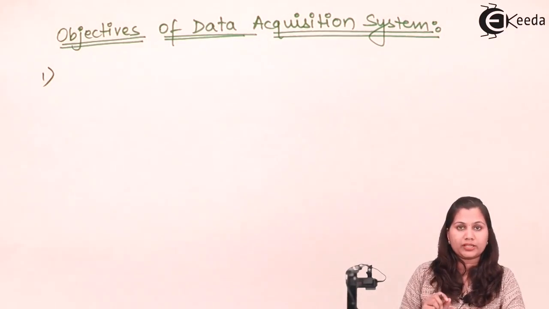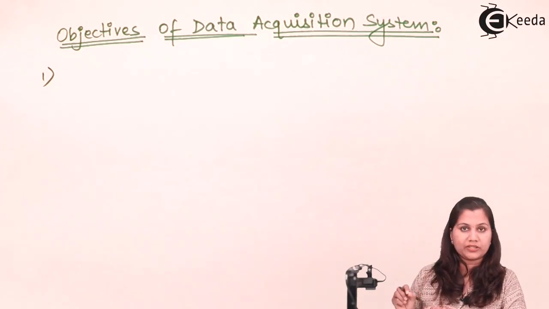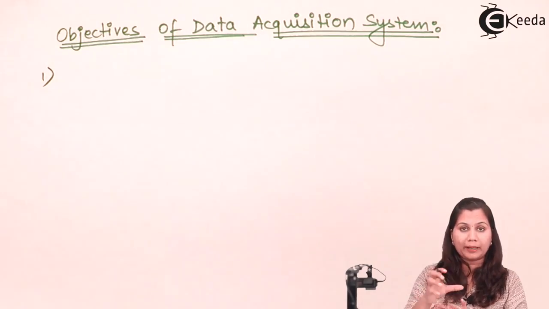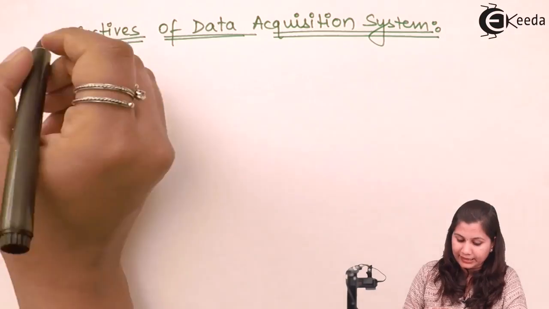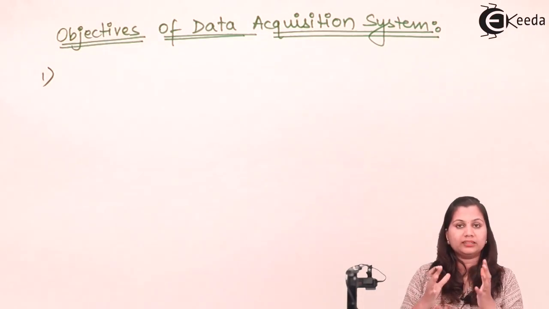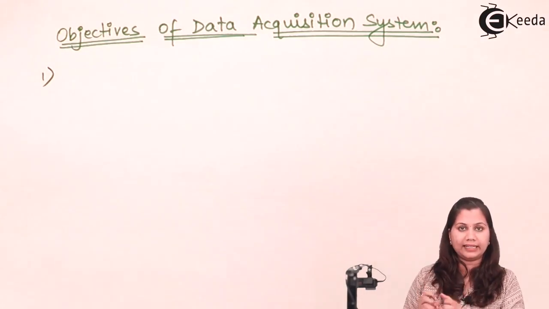So the first objective of the data acquisition system, or the first requirement which we expect from it, is that it must acquire the necessary data and collect it.